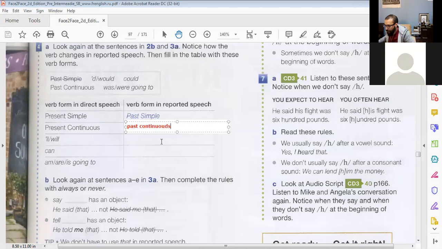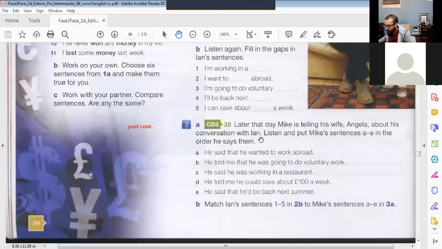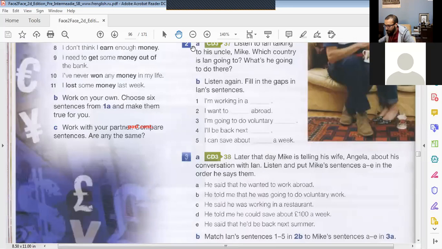All right, now let's take a look at will. How did we change will? Let's take a look at what Ian said to his uncle. Ian said, I'll be back next summer. And then when Mike said this to his wife, what did he do?